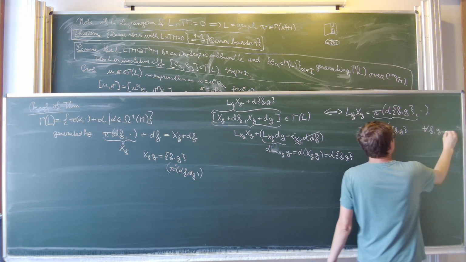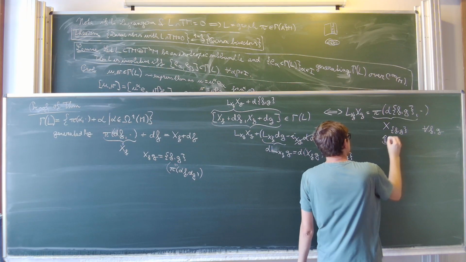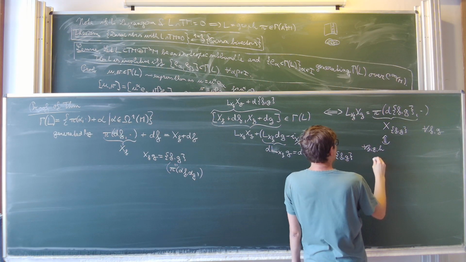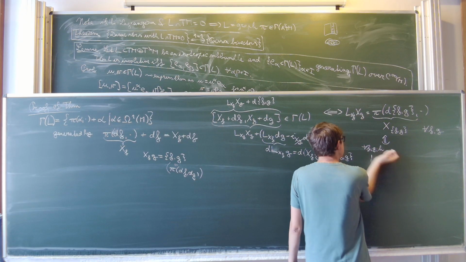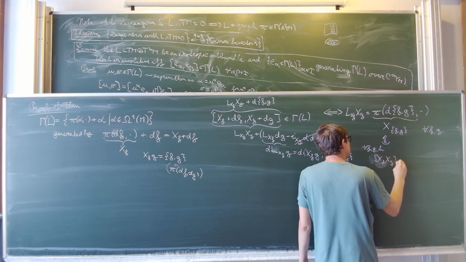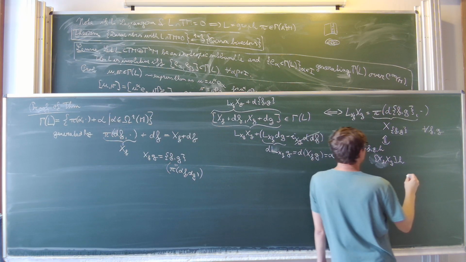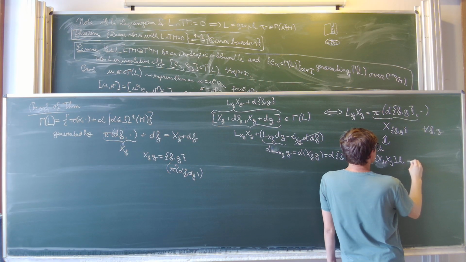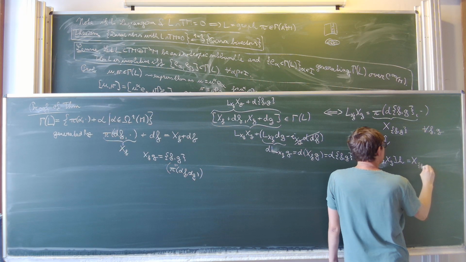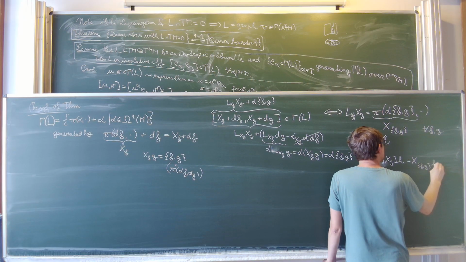This holding for all f and g is the same as for all f, g and h. Let's write the commutator of XF, XG acting on the function h is equal to X of the bracket of f and g acting on the function h.